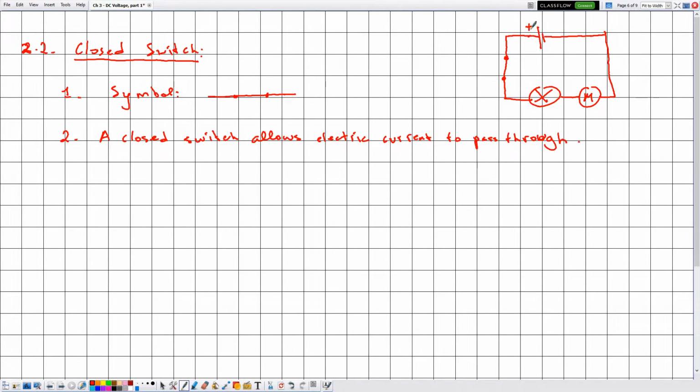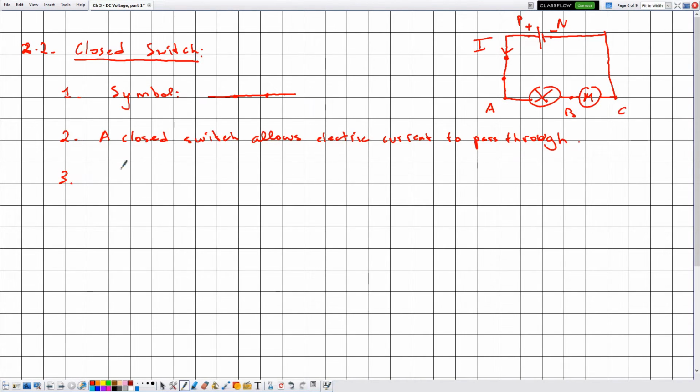Let's say that these are the points A, B and C. Now because the switch is closed, this circuit is said to be a closed circuit, then the battery will deliver electricity to the lamp and to the motor. Therefore an electric current I will traverse the circuit. Okay, so idea number 2, a closed switch allows electric current to pass through.